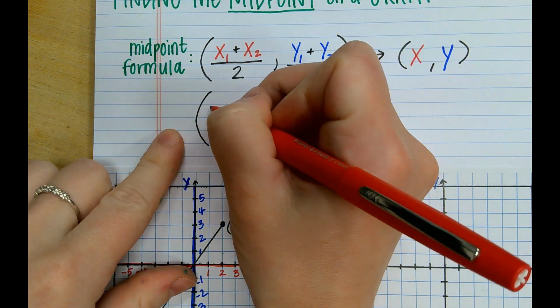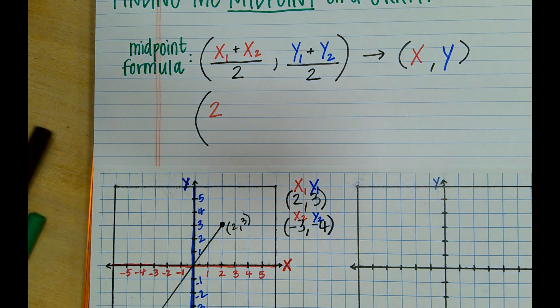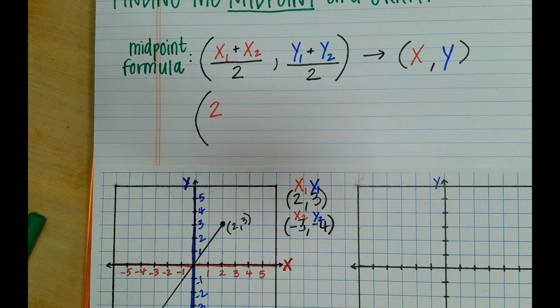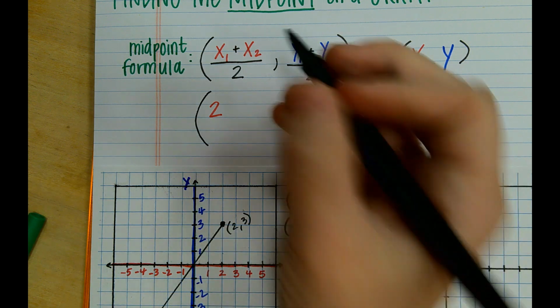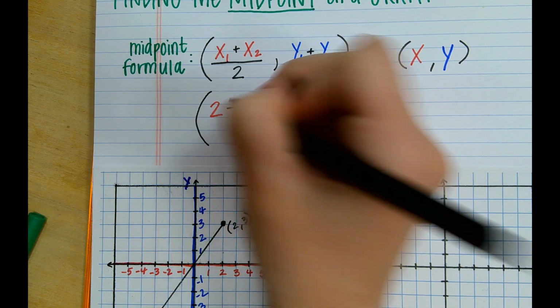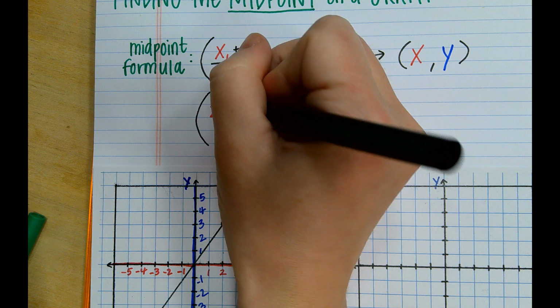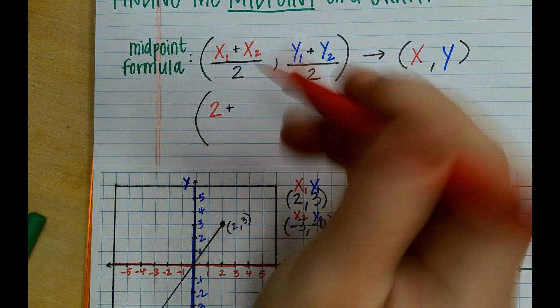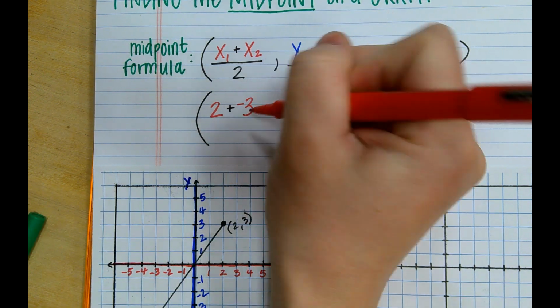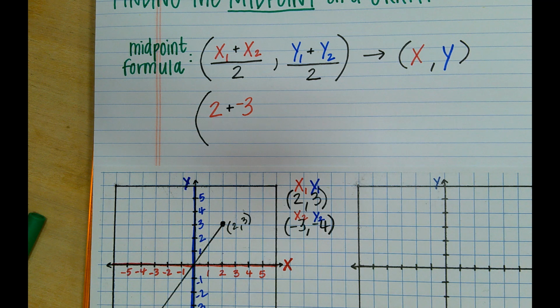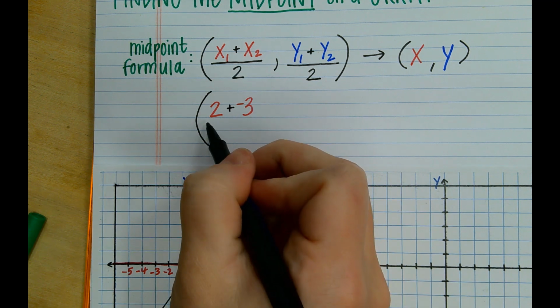So I'm gonna write 2. And then what's my x2? -3. So I'm gonna say minus, well, it was plus actually, plus -3. And we're gonna divide that by 2.